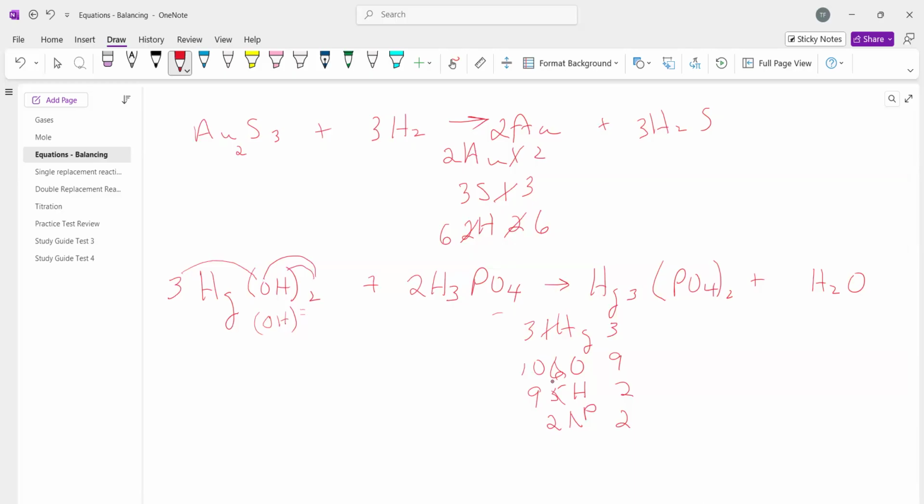And 6 H's here. So that makes the H's 12. What about O's? And we've got 6 O's and 8 O's, so that's 14 O's. And the hydrogens, okay, not there yet.